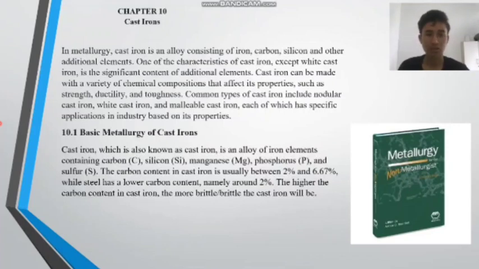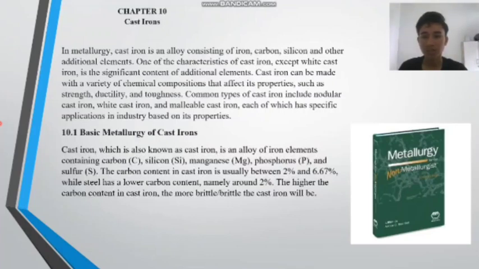Cast iron can be made with a variety of chemical compositions that affect its properties, such as strength, ductility, and toughness. Common types of cast iron include nodular cast iron, white cast iron, and malleable cast iron, each of which has specific applications in industry based on its properties.